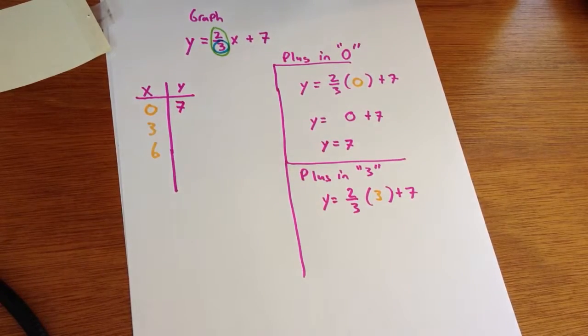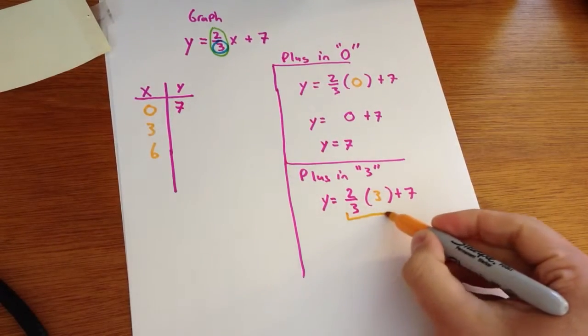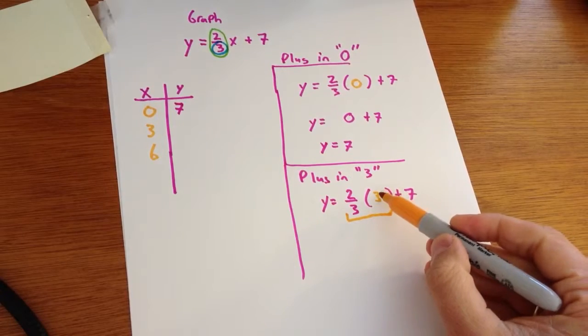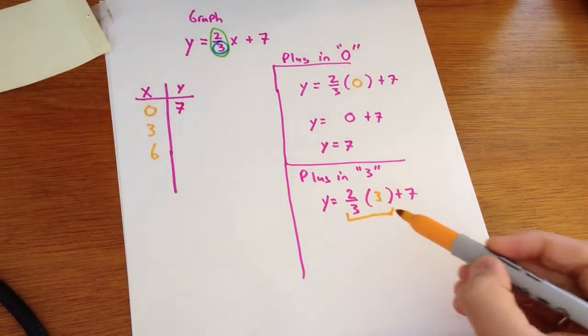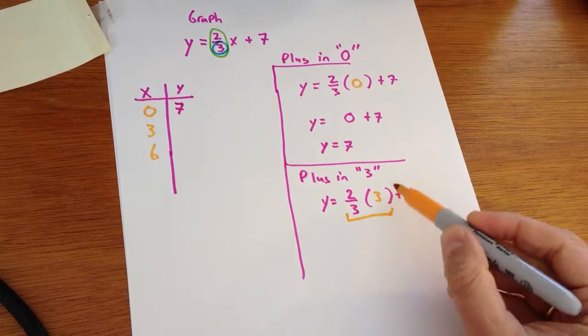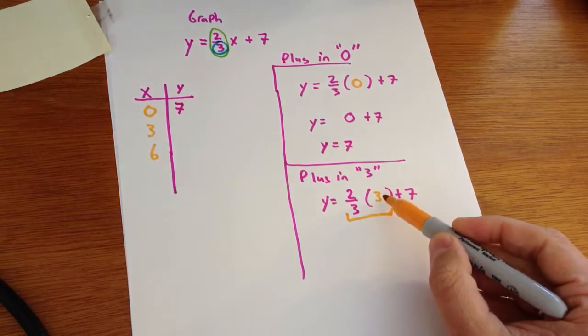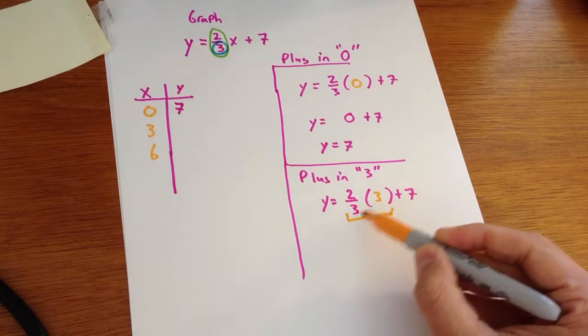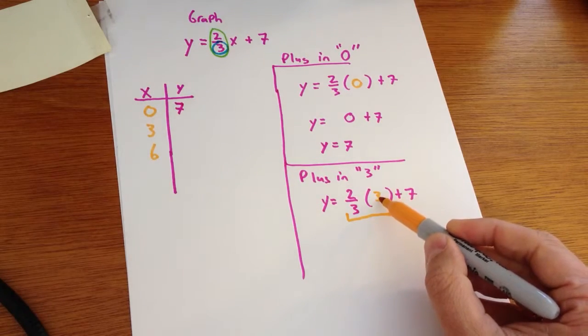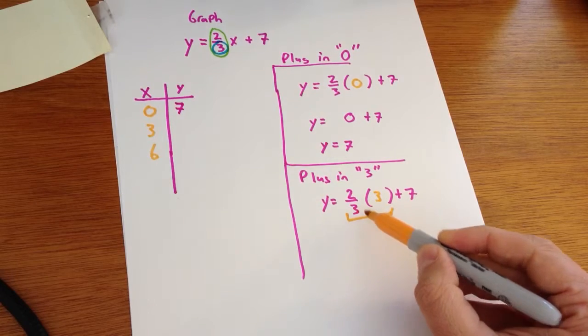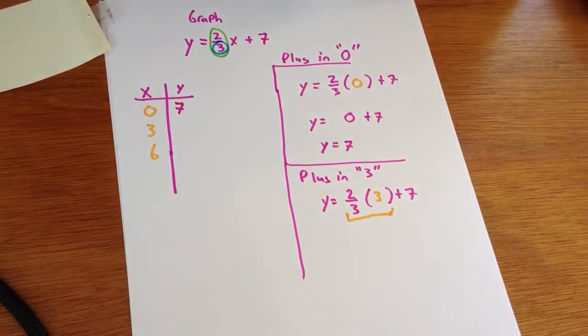Now, some of you might be a little rusty on multiplying fractions and whole numbers together, but you can do it 2 ways. You can do 3 times 2, which is 6, divided by 3, which is 2. The way I like to do it, particularly when I know that this number divides this one, is to divide first. It doesn't really matter if you divide or multiply first. So 3 divided by 3 is 1, times 2 is just equal to 2.